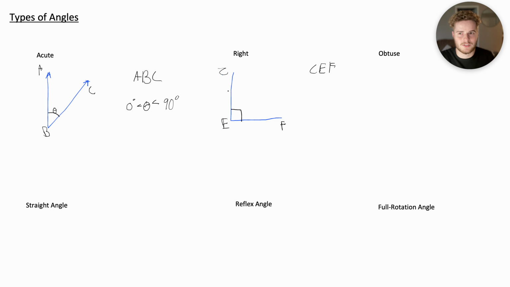The identity of a right angle is that it is exactly 90 degrees. Not 91, not 90.5, not 90.0001. It's 90 degrees exactly, so it's a very important detail. As you learn more math in the future, 90-degree angles are very important to know, especially if you're working with triangles.